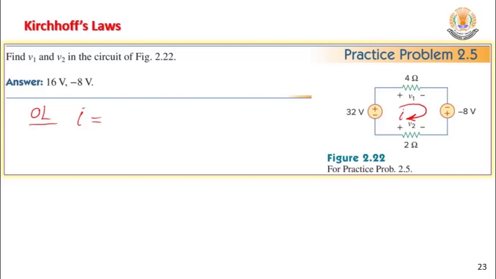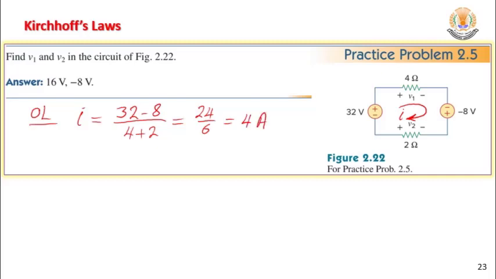Based on my assumption, the current is flowing like that, so it will be 32 minus 8, divided by the two resistors in series, do you agree? 4 and 2, so it will be 4 plus 2. So you will get 24 over 6, you will get 4 amps.